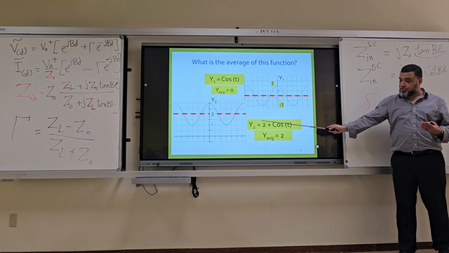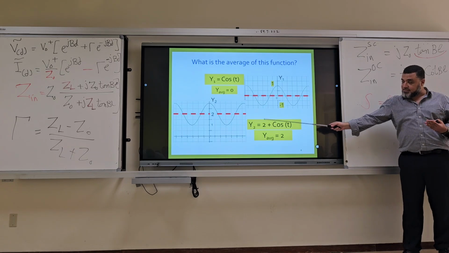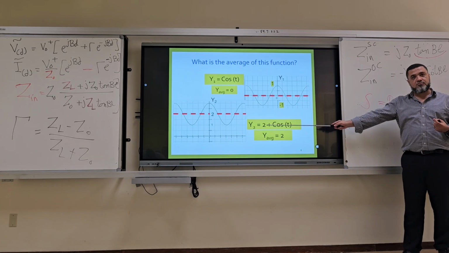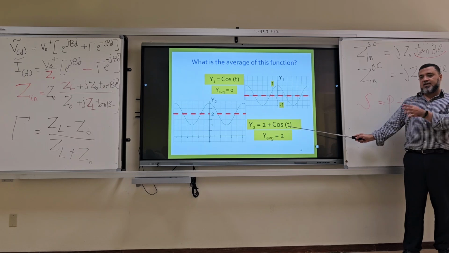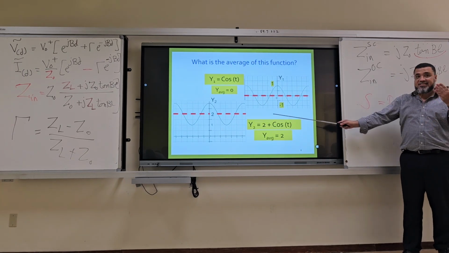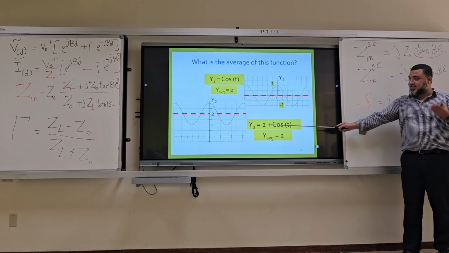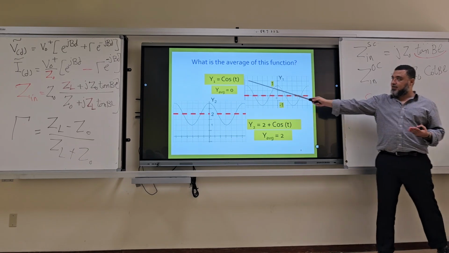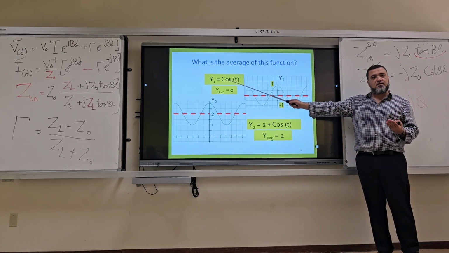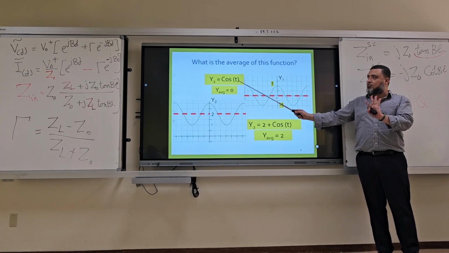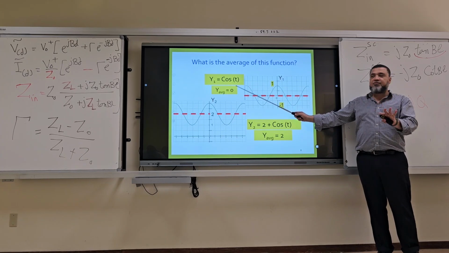So looking at this equation, the average of this equation is the DC value. Forget cosine, it has no average, as if it doesn't exist. The average of this DC plus AC is the DC value. Here there's no DC, it's all cosine. Regardless of what is inside the argument, it can be anything, the average is always 0.